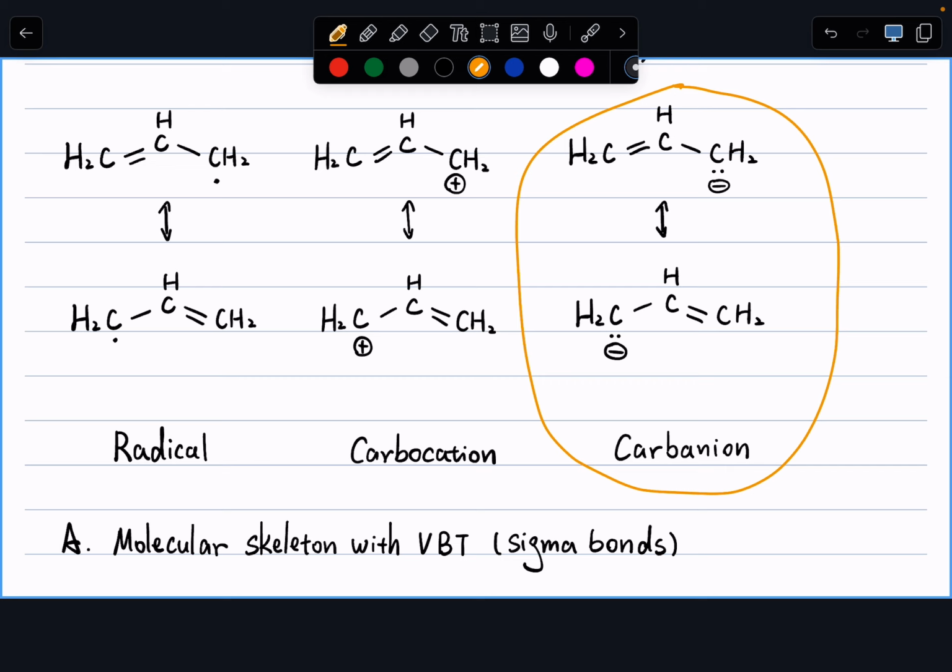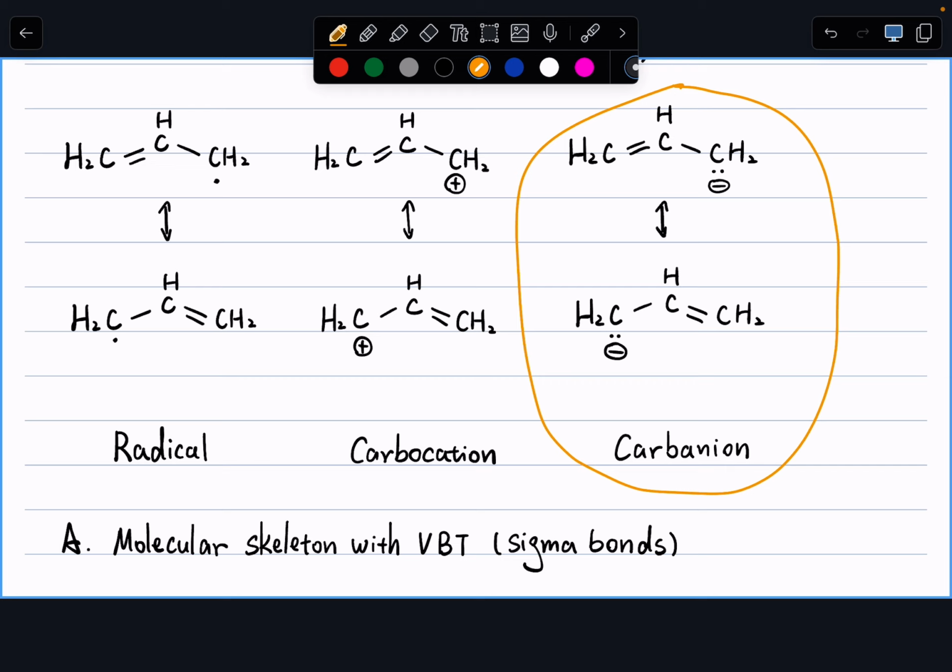I'm just going to draw that on the board for your reference. We're looking at CH double bonded to CH2, in resonance with each other.